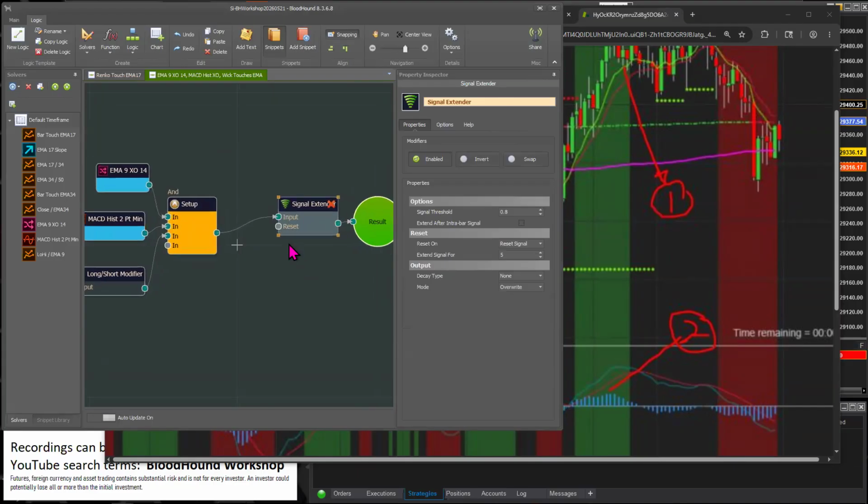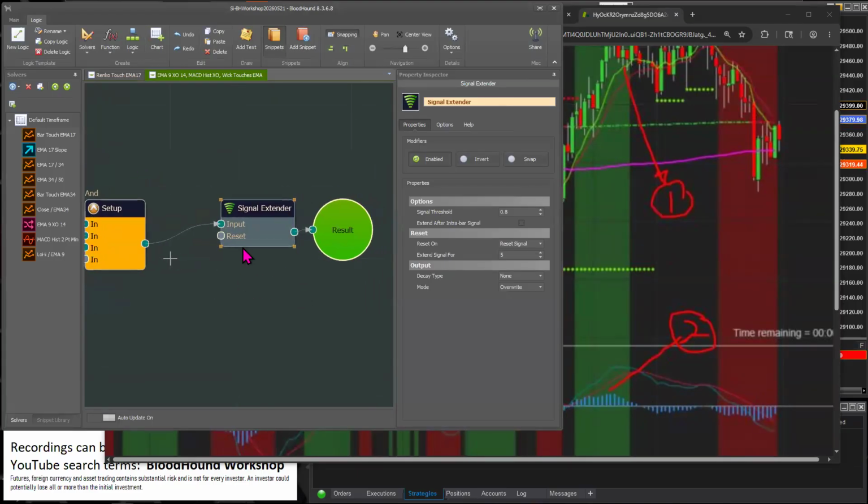And this reset connection is exactly what the name is supposed to imply: you're resetting the extending of the signals. So that's how you can turn off the signal extenders, by using the reset connection when some other condition is turning off the signal extender.